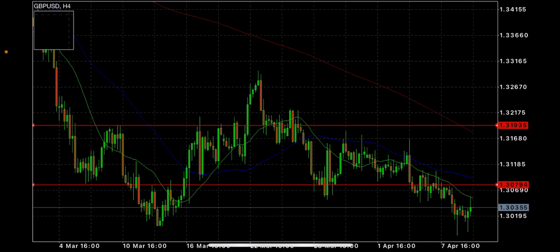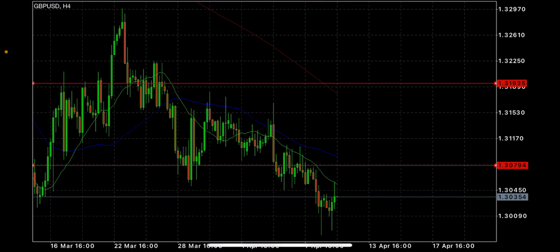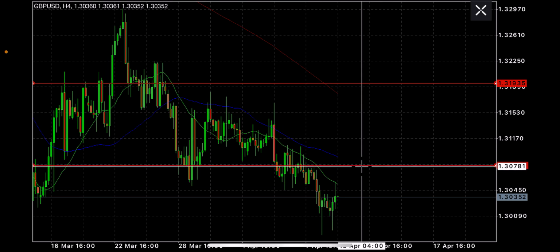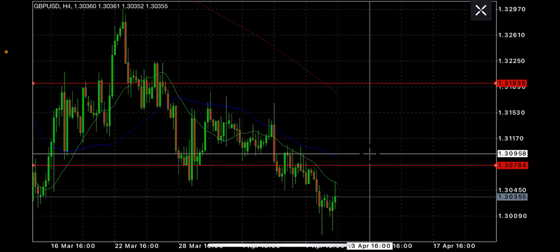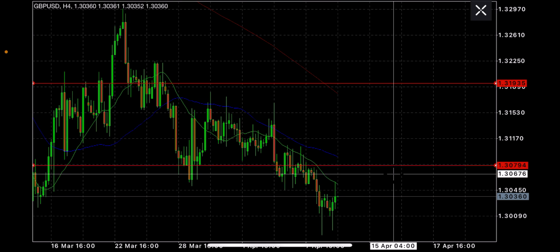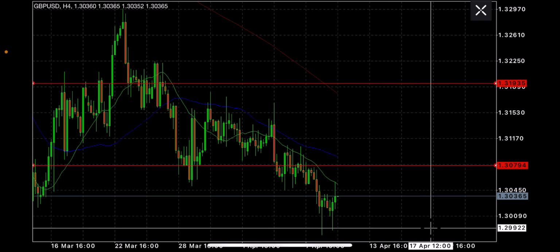So what does this mean for the trading week? What does this mean for how to trade the Great British Pound USD? We're going to see a push up. We may get a push up to this area here, or even a push up to this general area here, before we continue to slide back down.